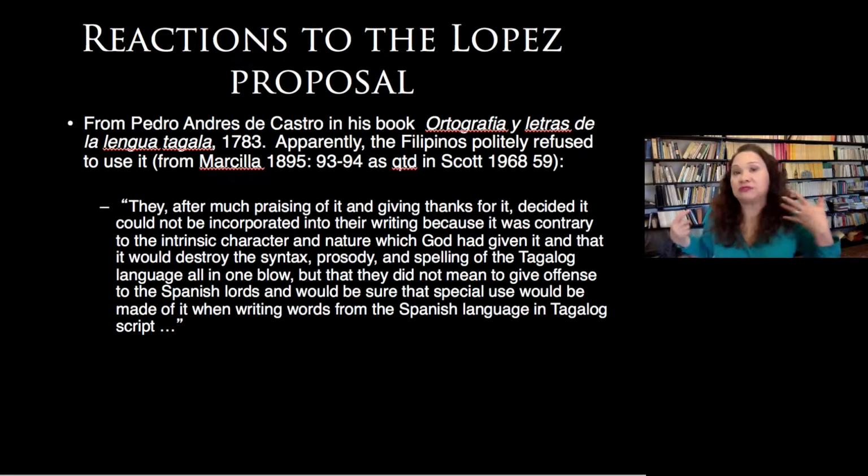Basically, the Filipinos were just being so polite to the Spaniards, but they did not want to use the proposal of Father Lopez.